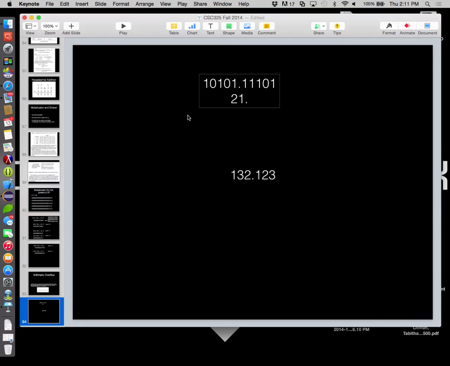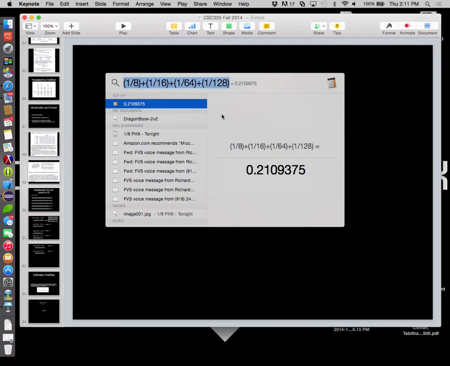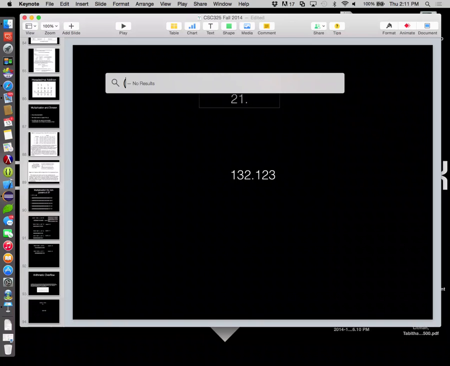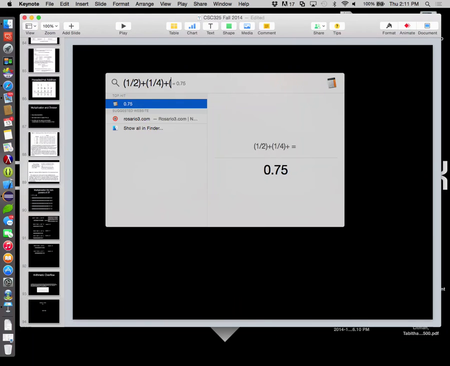Then we're going to have 2 to the negative 1. So it's 1/2 plus 1/4 plus 1/8 plus 1/32. 0.09625.